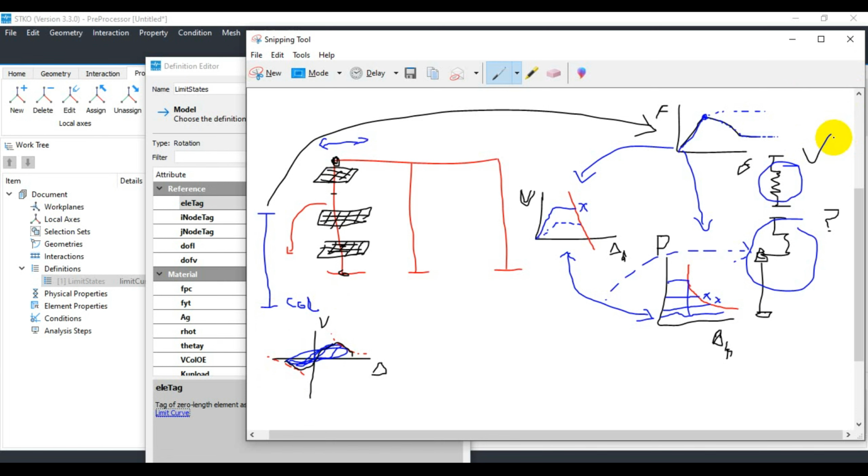Other than that, if we consider the limit surface for both axial capacity and shear capacity, capacity models are frequently used to determine if components have experienced failure by comparing the predicted capacity with demand estimated from an analytical model.